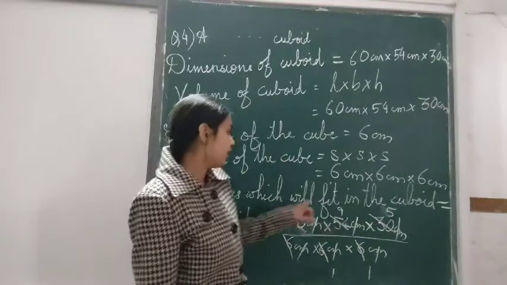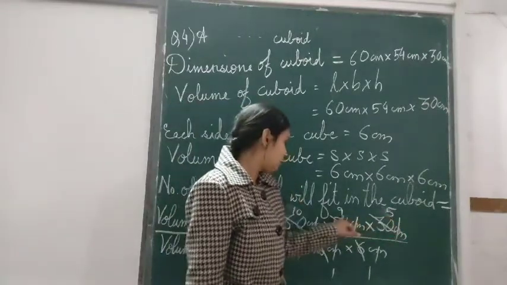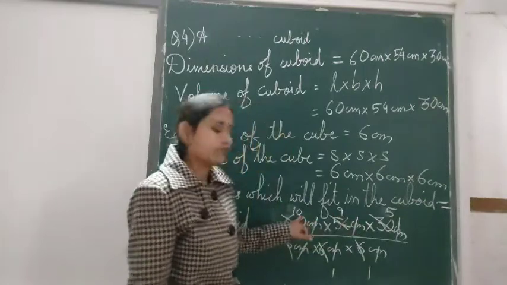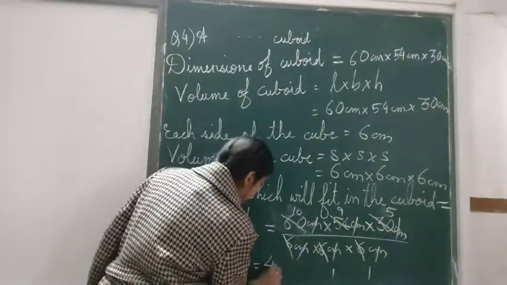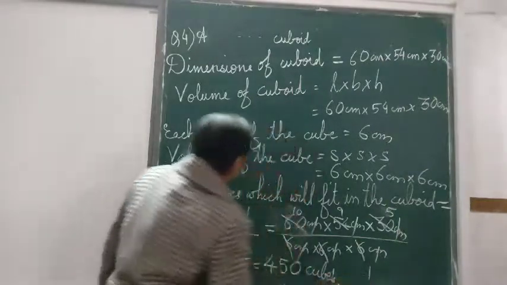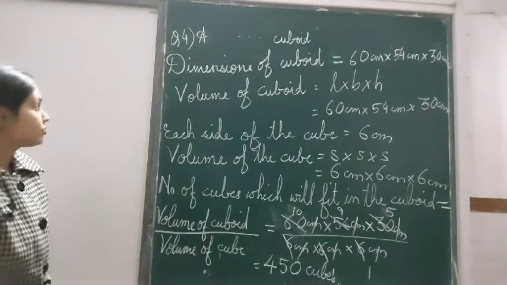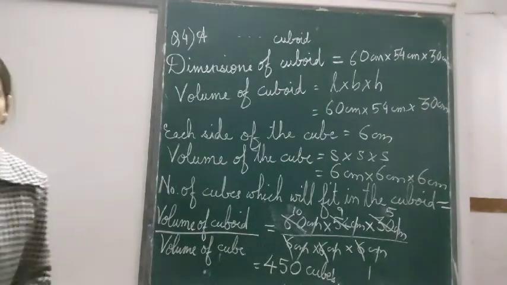So 10 into 9 into 5. So 9 fives are 45. 45 into 10 gives us 450. That completes question number 4.